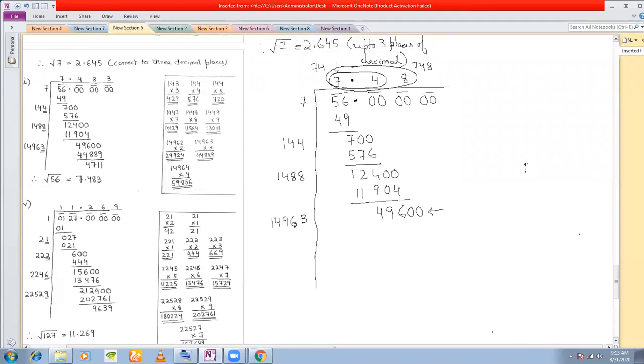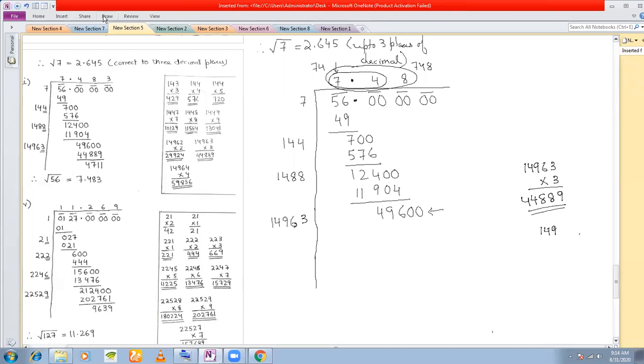So you have 14963 into 3. 9, 18, 14. So you're getting 44,889 with 3, which is less than 49,600, but not much less. It's quite close. So you try one more, just for your satisfaction.